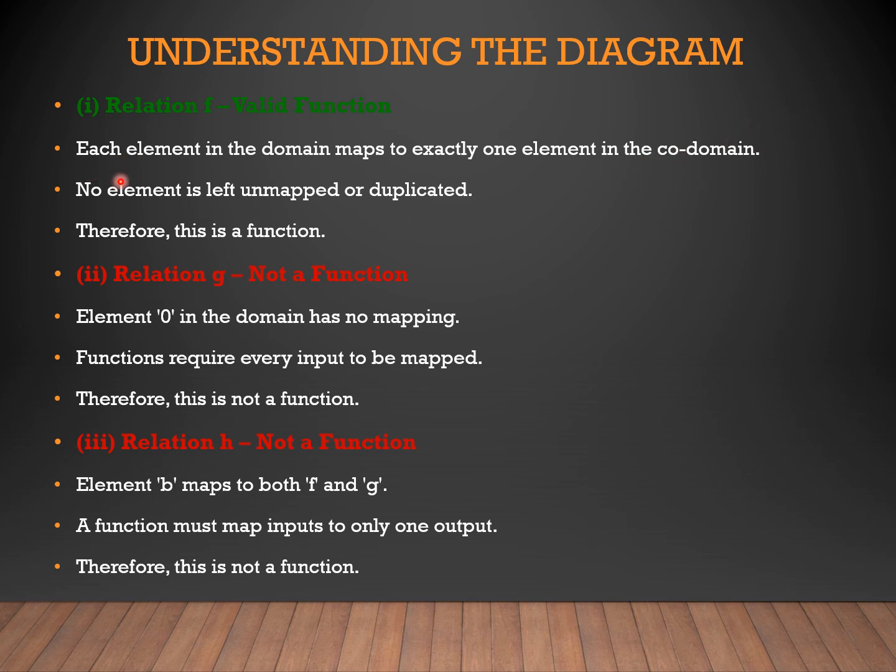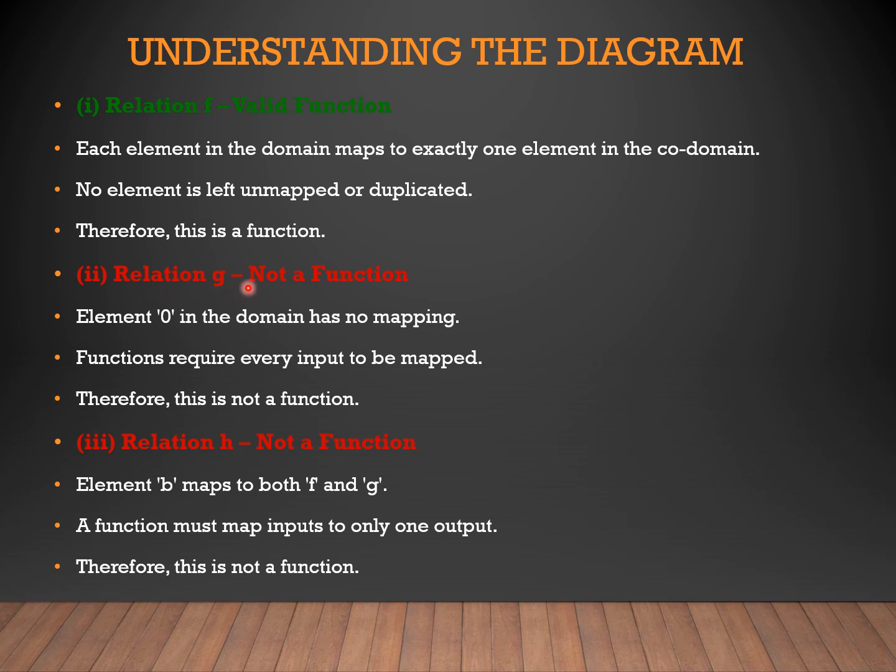So for the relation F, no element is left unmapped or duplicated. Therefore, it is a function because every element in the domain has only one element in the codomain. That makes F a function.